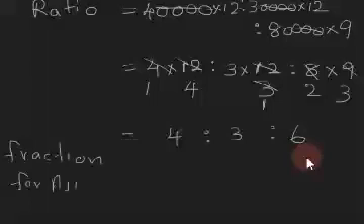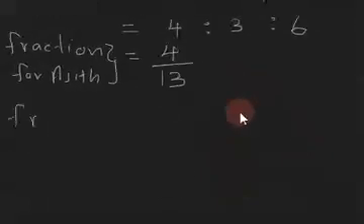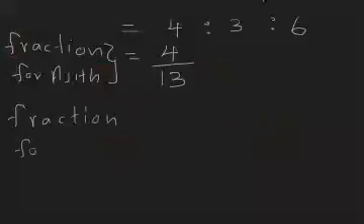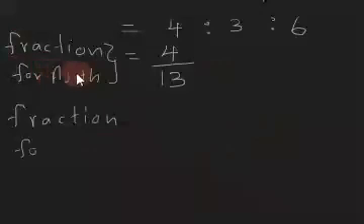Here 4 plus 3, 7. 7 plus 6, 13. The fraction for Ravi is 4 over 13.